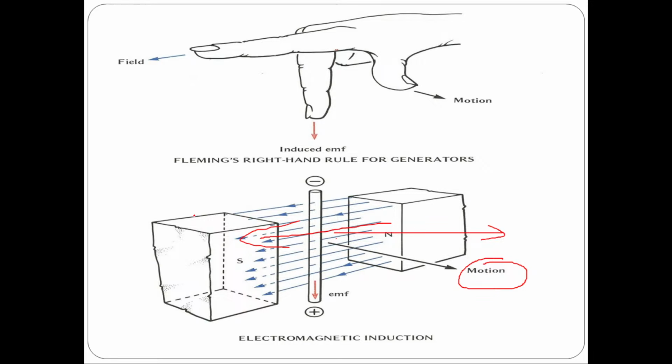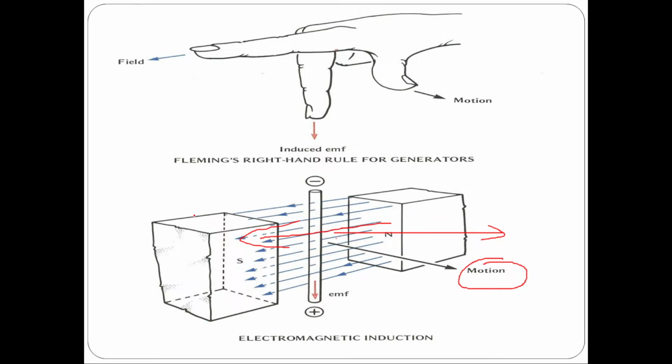Now there is a law which is known as Lenz's law. According to Lenz's law, what is happening when the coil rotates in the magnetic field?